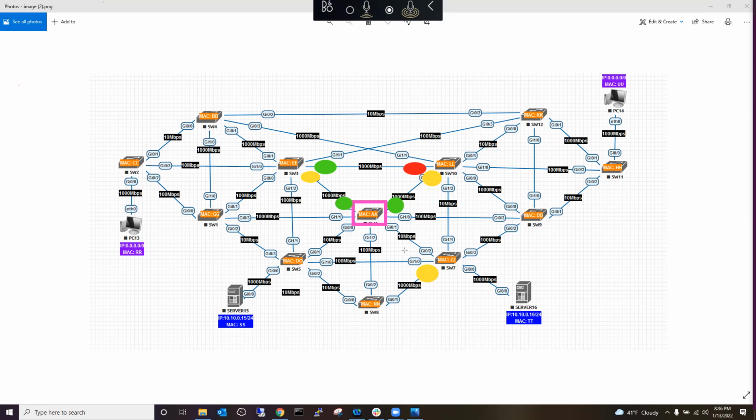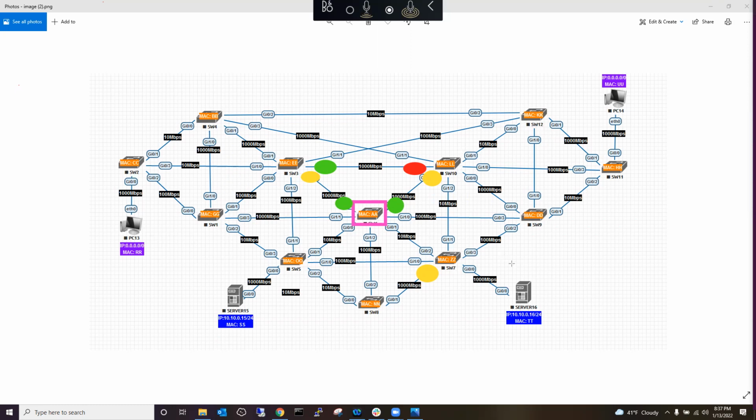Building it out as a triangle. So for the one on gigabit 0/2, it's gonna be in a blocking state.